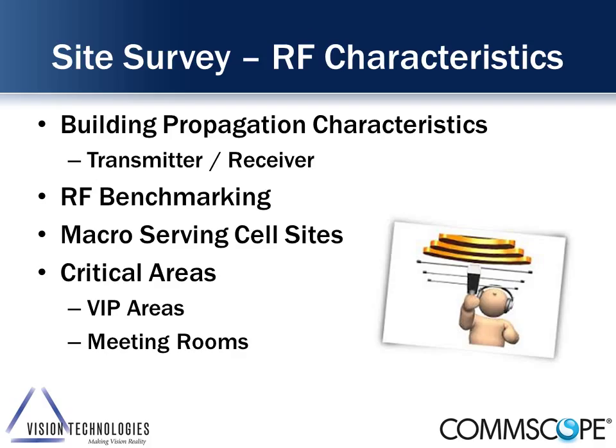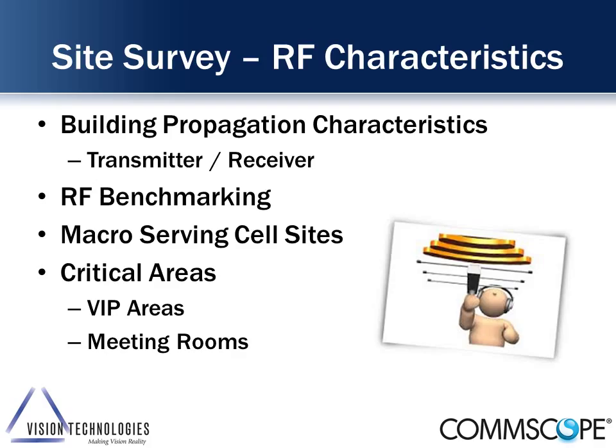Also, you want to document and understand where the critical areas of the building are. So while a lot of times the coverage requirements are to provide 95% coverage throughout the building, well, if the 5% is the CIO or CEO's office area, and that CEO isn't able to use his cell phone within the building, that DAS doesn't work.